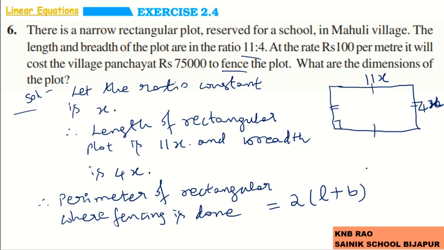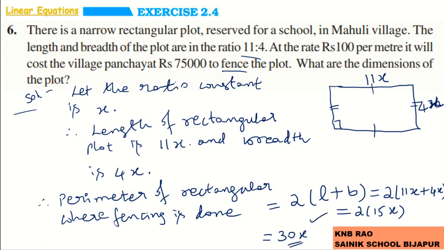Here we know length is 11x plus breadth is 4x. It implies 2 times 15x. It implies 30 times x is the perimeter.